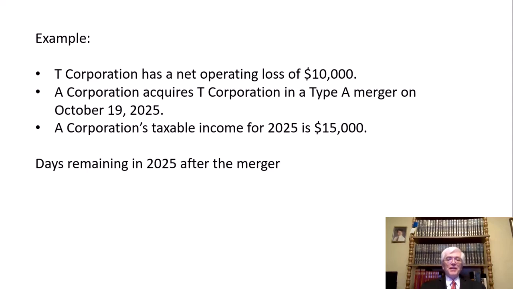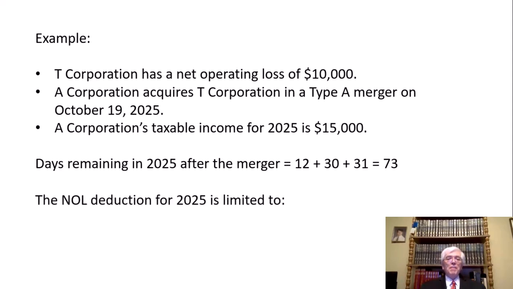Days remaining in 2025 after the merger, well, there's 12 more days in October after October 19th, so the 20th through the 31st is 12 days. And then 30 in November, 31 in December, that's a total of 73 days. I chose the date of October 19th very carefully. You'll see why in a moment.